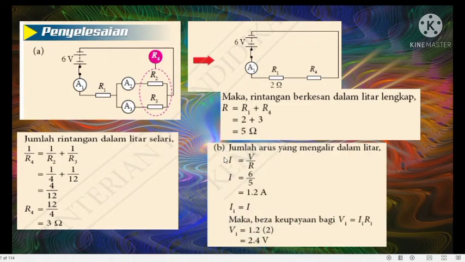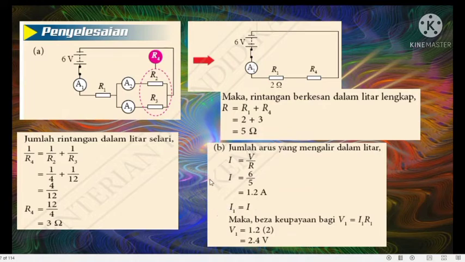How to calculate the total current? The total current flowing in the circuit, I equals total voltage divided by effective resistance, because effective resistance actually represents total resistance. So 6 divided by 5. So we get 1.2 ampere. I1 is equal to the total current.